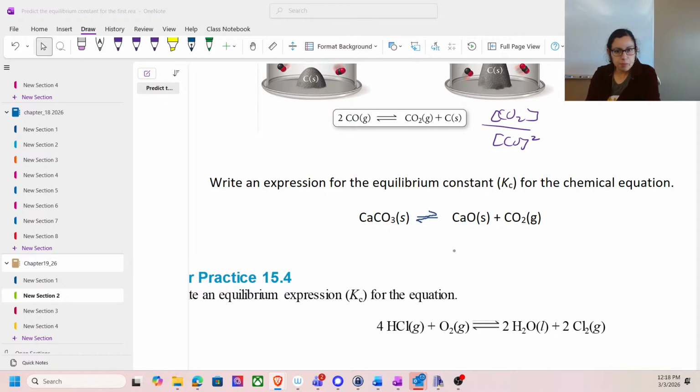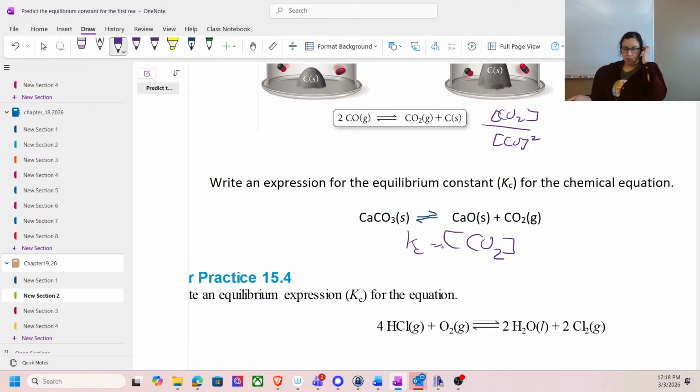So what's our equilibrium expression for this one? Yep, CO2. Again, we just have a solid, so that doesn't have a concentration. It's just our pile of solid, and then it breaks down to make another pile of solid, but it's our gas that gives us our equilibrium expression.